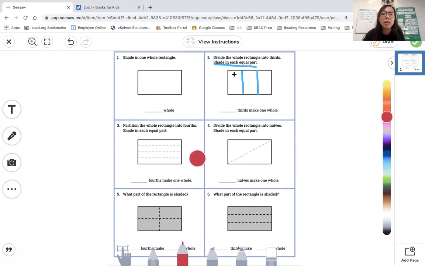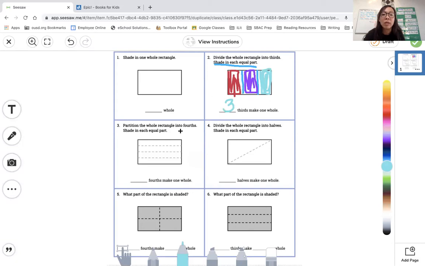So remember, I love how a lot of you yesterday shaded it in 3 different colors to show that there are 3 different parts. That's awesome. That helps you understand fractions and make sure that you recognize that the big part that we have to know about fractions is that each equal part, if I have 3 equal parts in the whole rectangle, 3 equal parts equal, or 3/3 equal 1 whole. Okay, that's going to be our job.